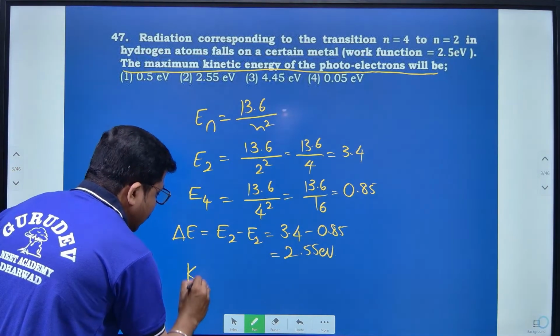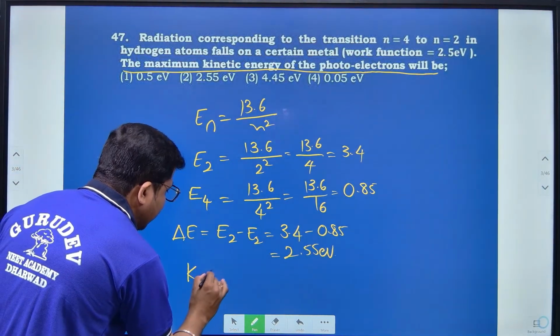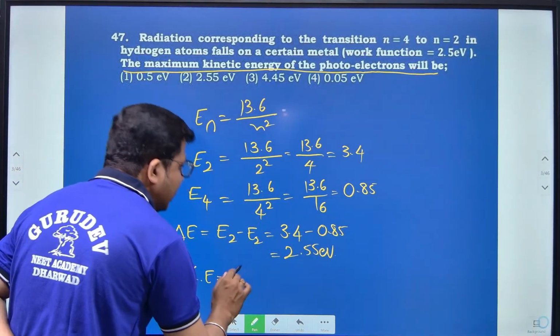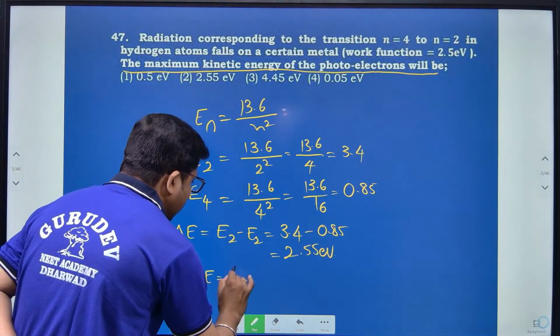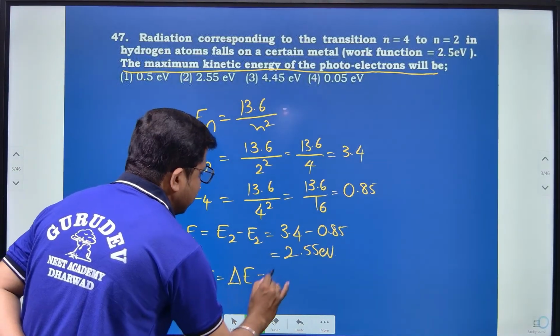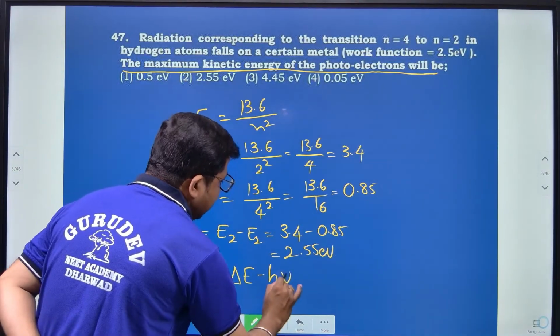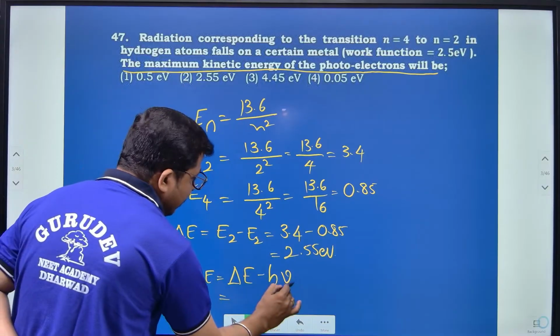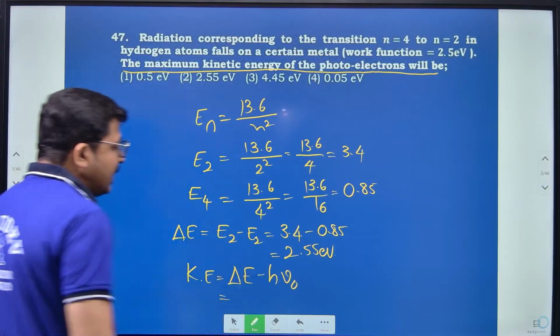Now kinetic energy is equal to delta E minus work function h nu naught. Therefore delta E is nothing but h nu.